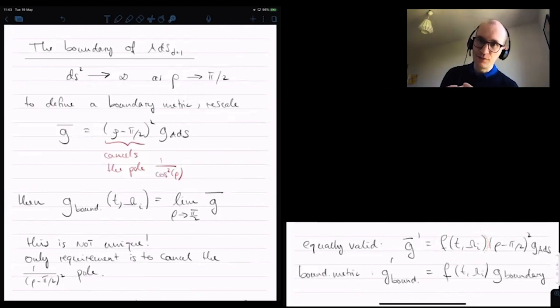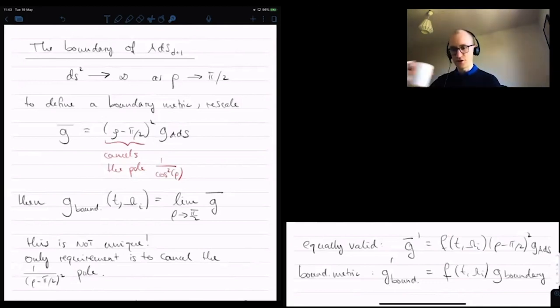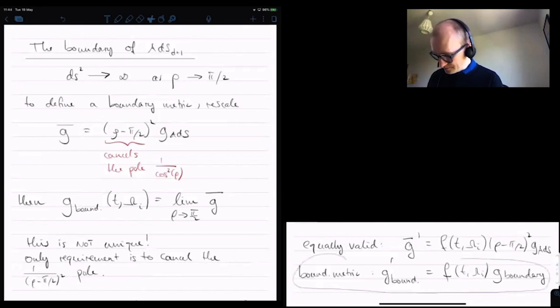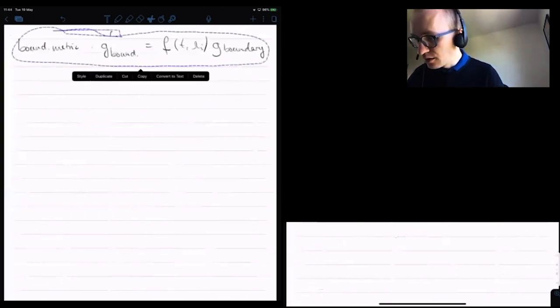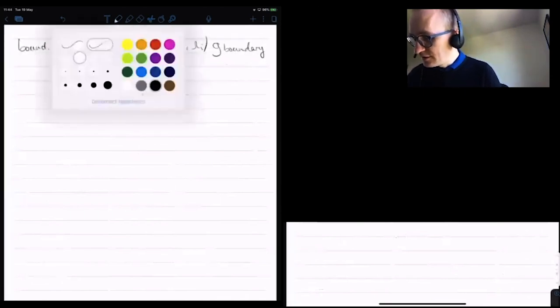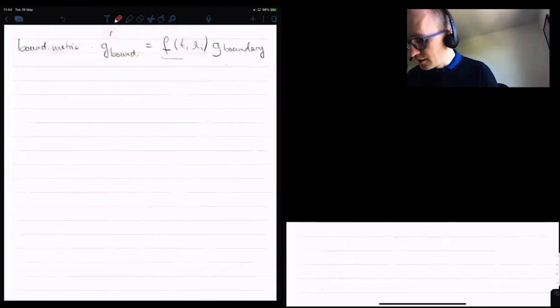Why is that? Because you don't want to change the signature. We don't allow ourselves to change the signature. We'd not be doing ourselves any favors by changing the signature. But otherwise, this is just any positive definite function. And so this is precisely what we would have called a Weyl rescaling.